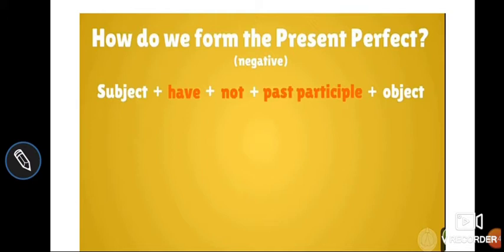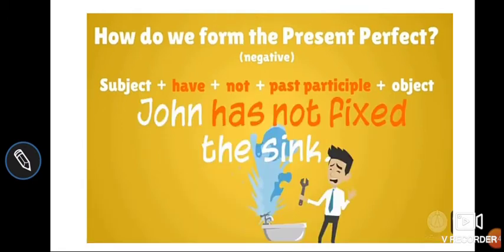Let us look into another example. John has not fixed the sink. Now in this sentence, we want to tell that John did not fix the sink. So how will you say it? John has not fixed the sink. Why are we saying John has? Why are we not saying John have?